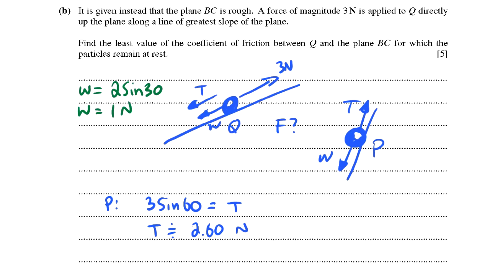It is going to slide down because the force from the tension and the weight is larger than the force going up the slope. That means the friction has to be going up the slope.